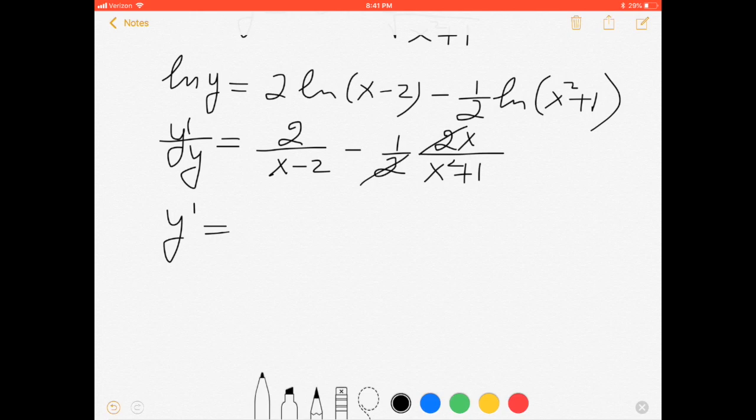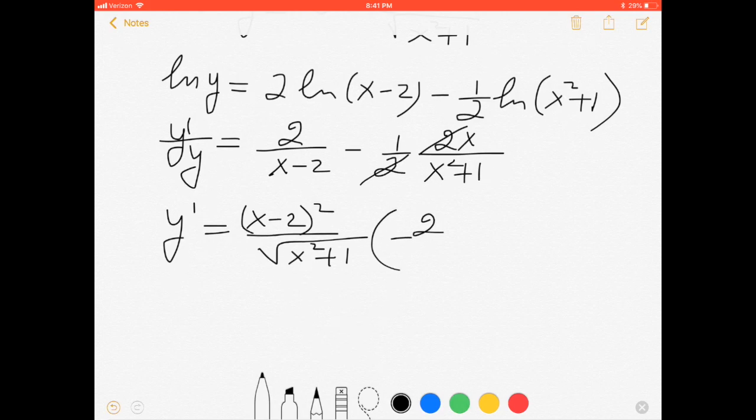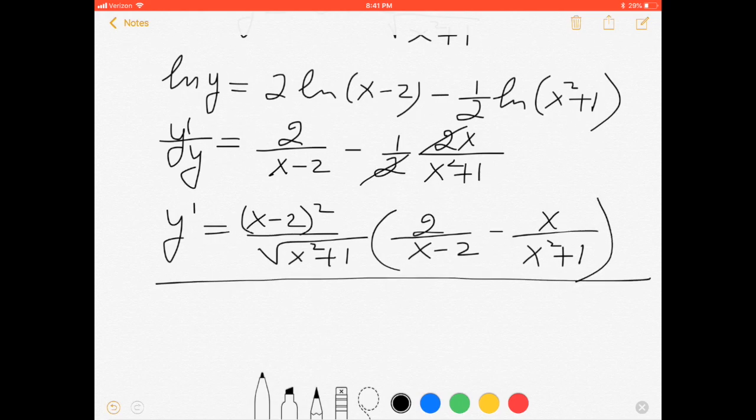But I need to remember what y is. Y is the fraction x minus 2 squared over the square root of x squared plus 1, multiplied by the difference 2 over x minus 2 minus x over x squared plus 1. And we found our derivative.